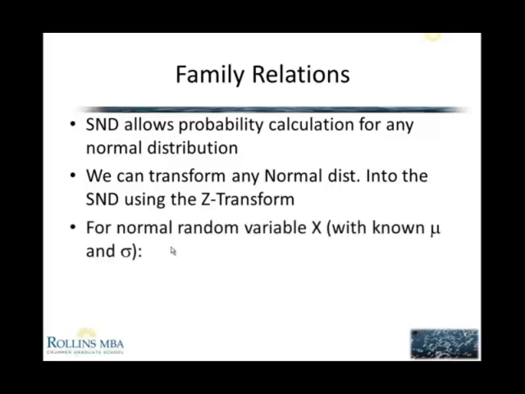So for a normal random variable x, where we know mu and sigma, we can calculate a z value. It's calculated as the deviation, x minus mu, so how far away is our value from the mean of the distribution that it belongs to, divided by the standard deviation.